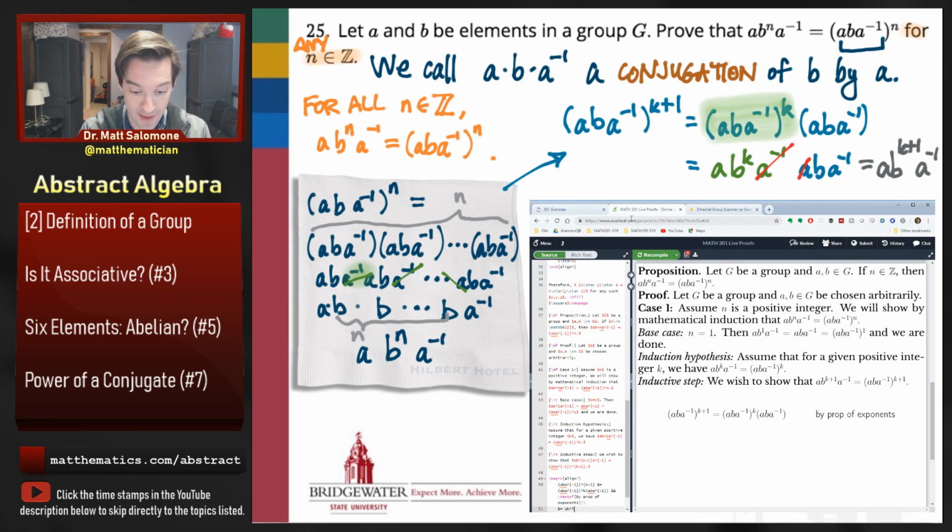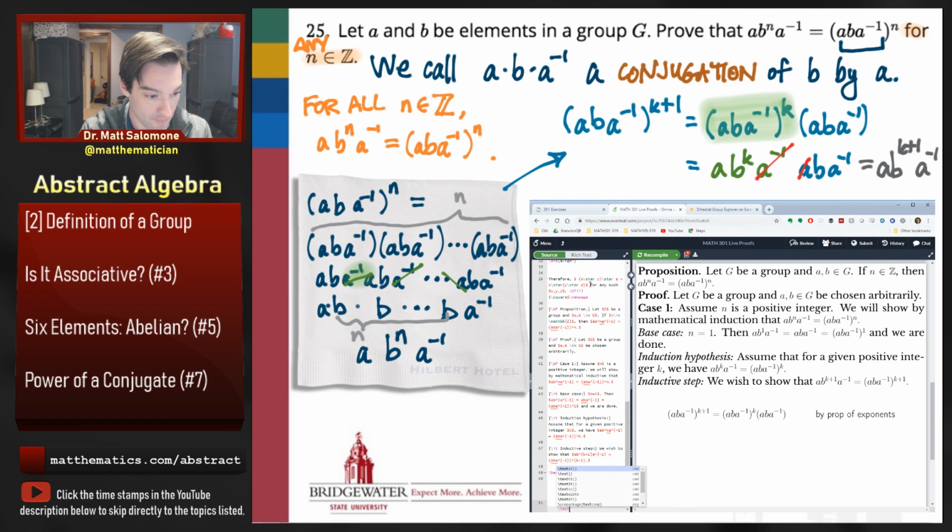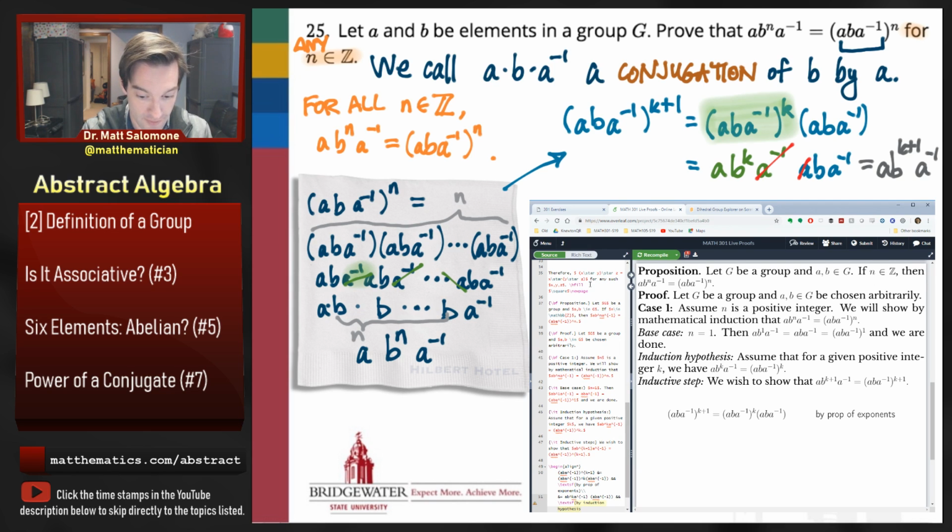A times b to the k times A inverse. So we just simplified that first factor. And then I have quantity A inverse, once again, by the induction hypothesis. And I'm going to put an exclamation point there.